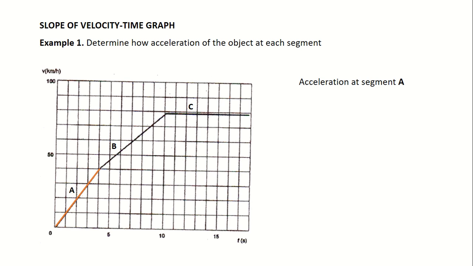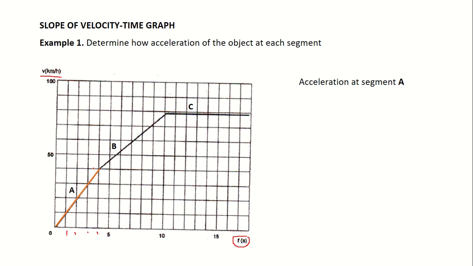Okay, so now we have right off the bat a motion diagram with 3 different segments. And then again, let's first just analyze this so we know what we're going to do. So we have a game plan. It seems like my intervals are divided by 1, my unit for time is in seconds, and my velocity unit is kilometer per hour.